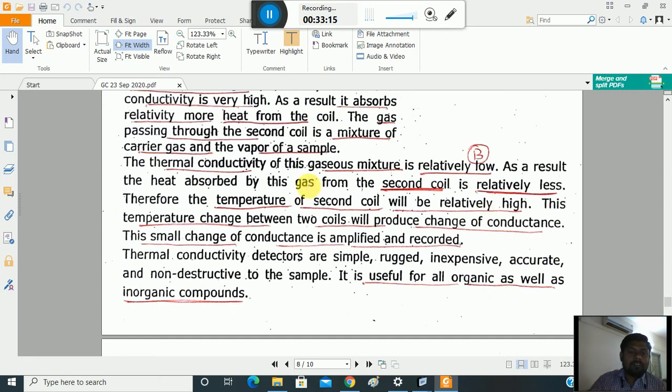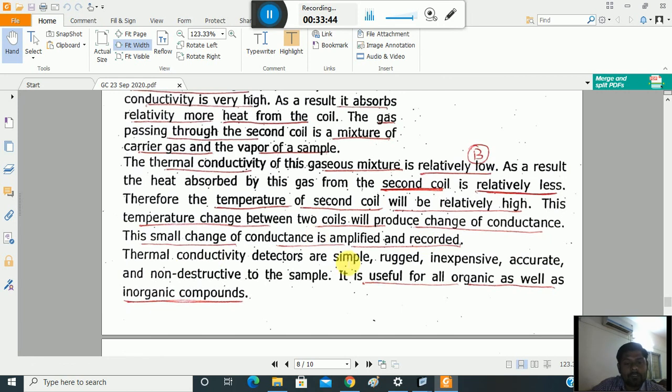The temperature change between the two coils will produce a change of conductance. That is the important point. This small change of conductance is amplified and recorded with the help of the attenuator and amplifiers.